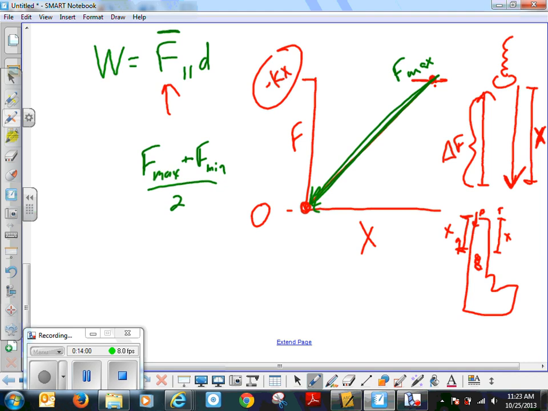So if this is 0, then it becomes force max divided by 2 as the average force. How much distance or displacement does that spring force act over? For an x, right? In this case, this would be the x right here, from here to here.